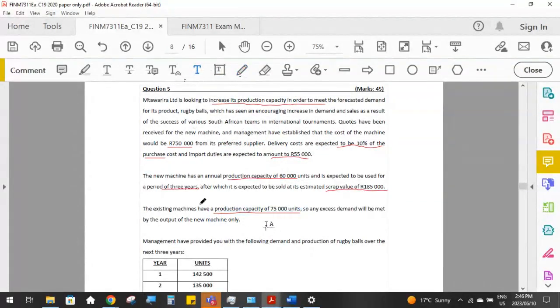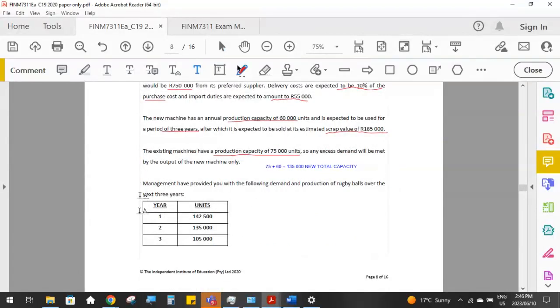So our total capacity has been increased from 75,000 plus another 60,000. Our new total capacity is 135,000 units. We can't make more than 135,000 units.